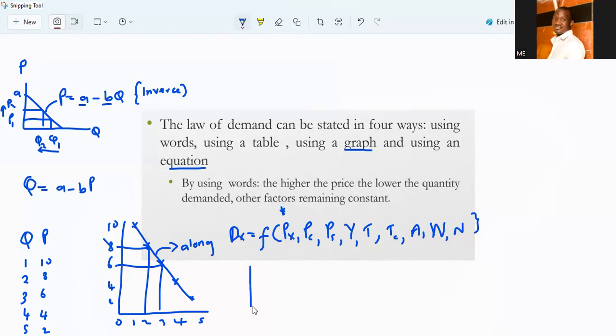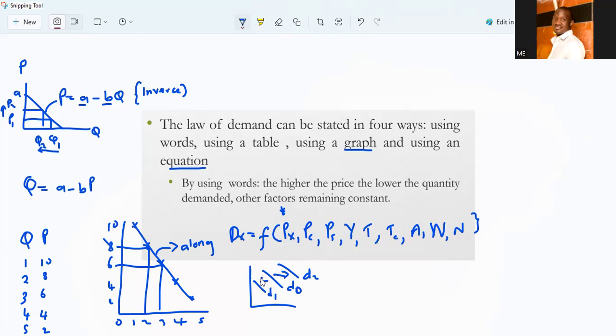So a shift can arise when demand has increased from D1 to D2, or can shrink from D1 to D3. So D0 is the original. D0 to D2, it has increased. This is a shift to the right.